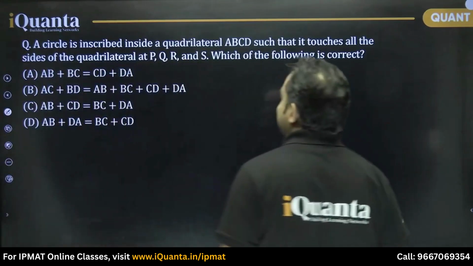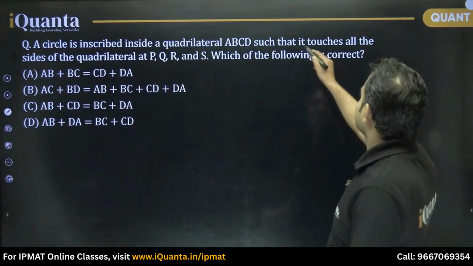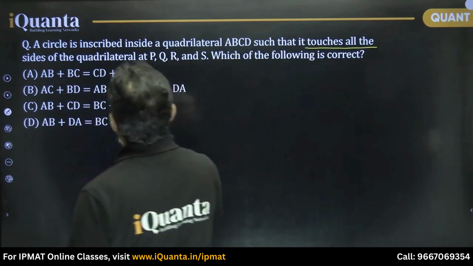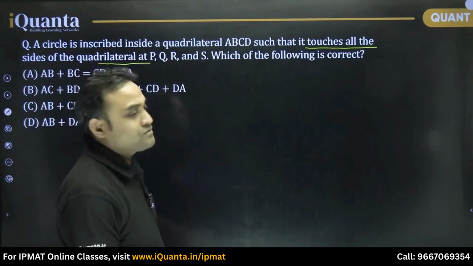A circle is inscribed inside a quadrilateral ABCD such that it touches all the sides of the quadrilateral at P, Q, R, and S. Which of the following is correct?